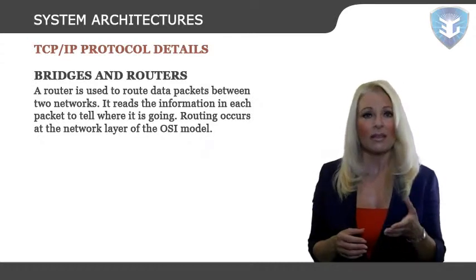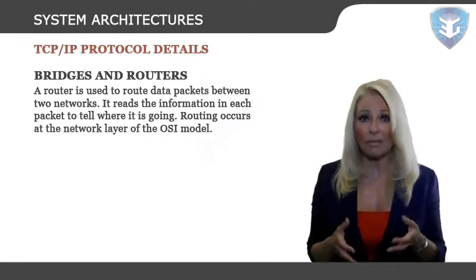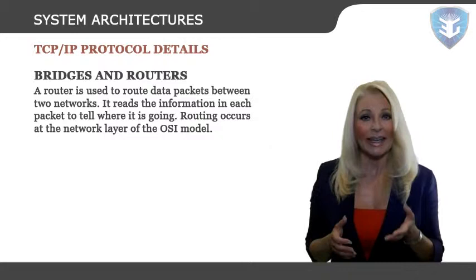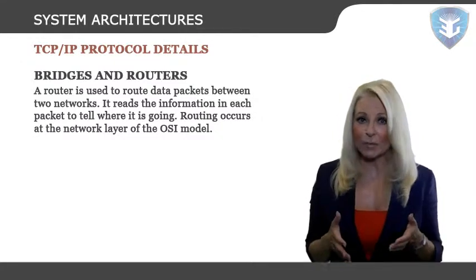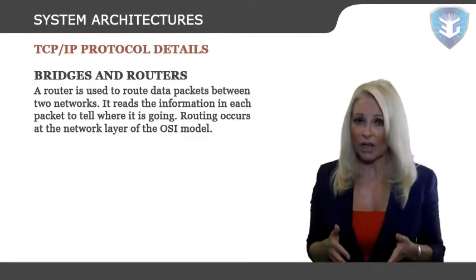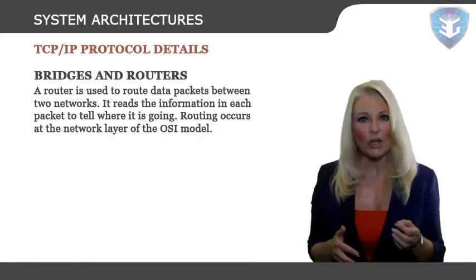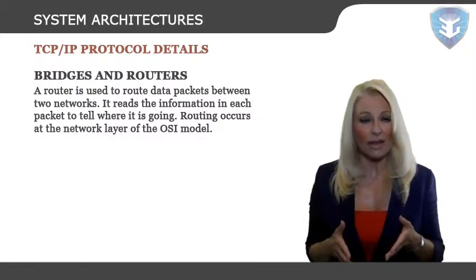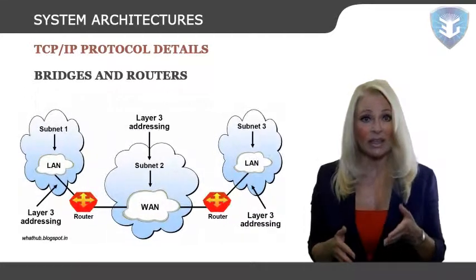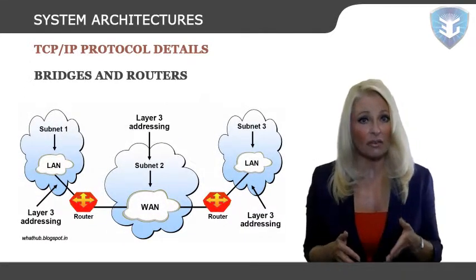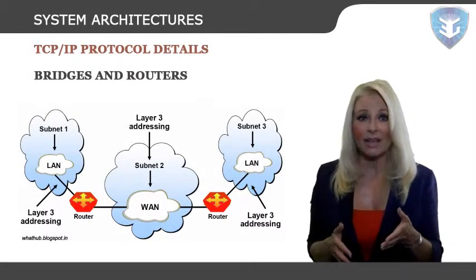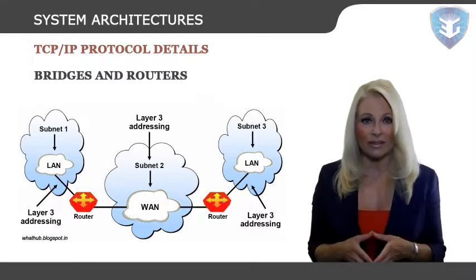A router is used to route data packets between 2 networks. It reads the information in each packet to tell where it is going. Routing occurs at the network layer of the OSI model. They can connect networks with different architectures such as token ring and Ethernet.